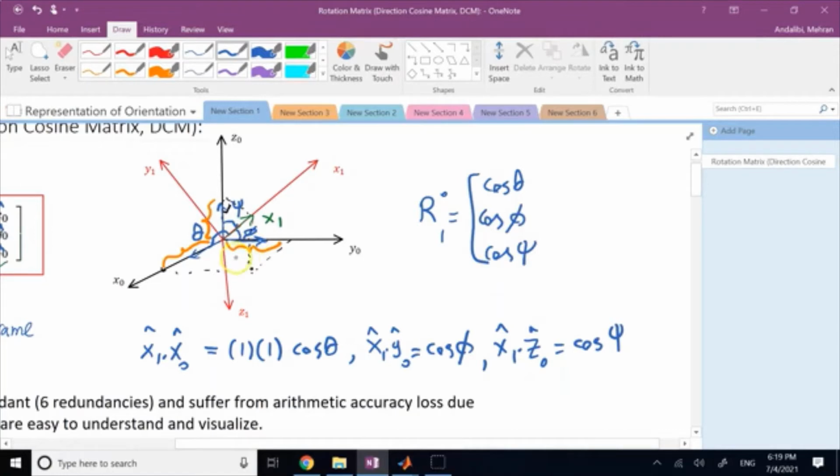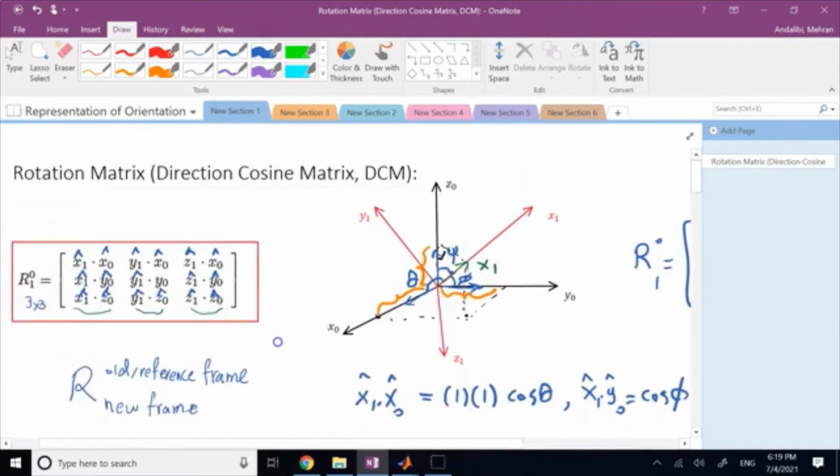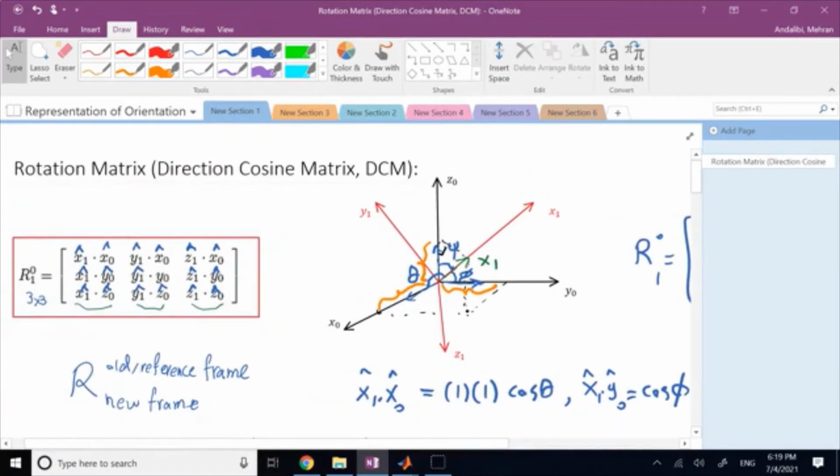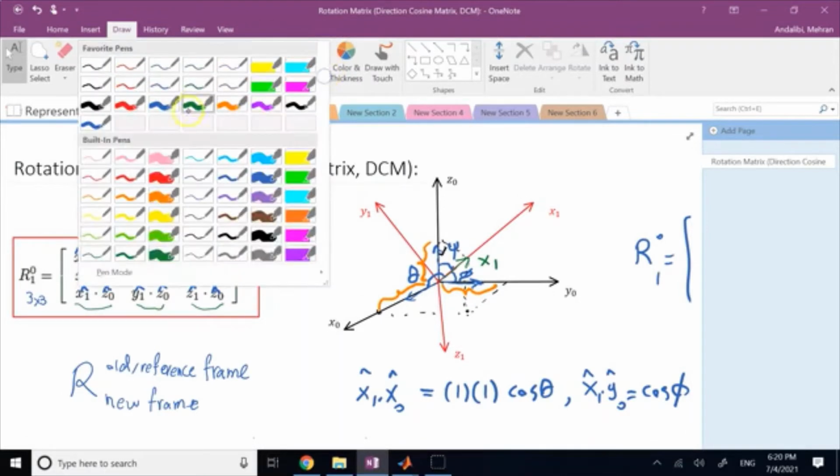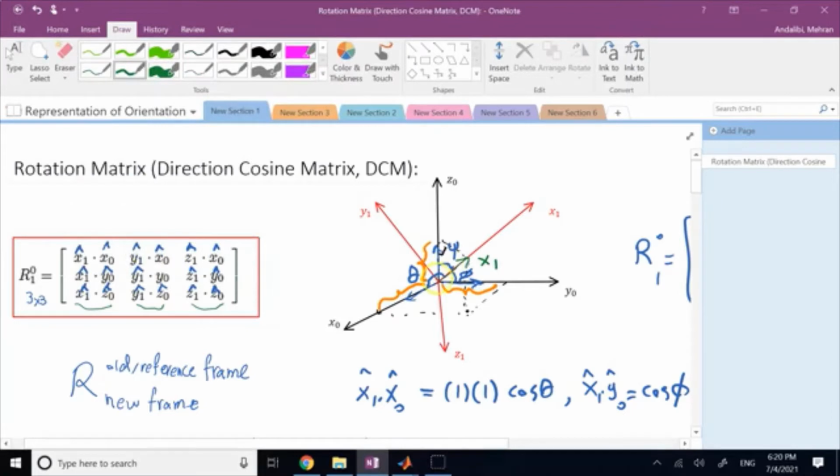And the same thing applies for the other columns. If you look, the next column is all of those angles, but for unit vector y1. So this time, instead of focusing on x1, you are going to focus on y1, which is this guy here.